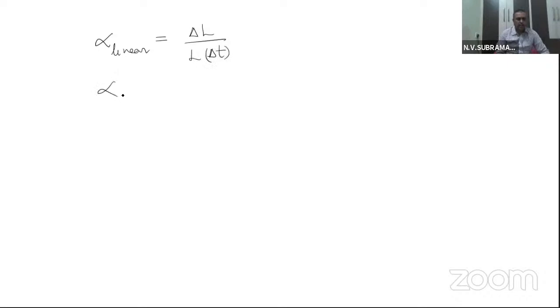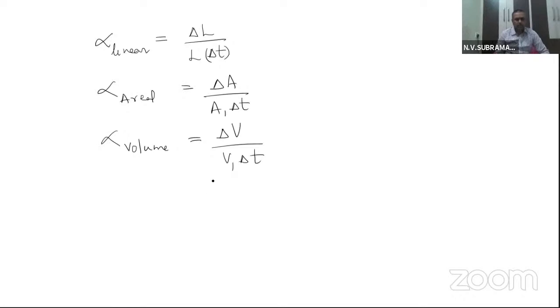Next, alpha areal is calculated by the formula delta A divided by A1 delta T. Next, alpha volume is calculated by the formula delta V divided by V1 delta T. Right or not? That is V1, or I can just write V also.